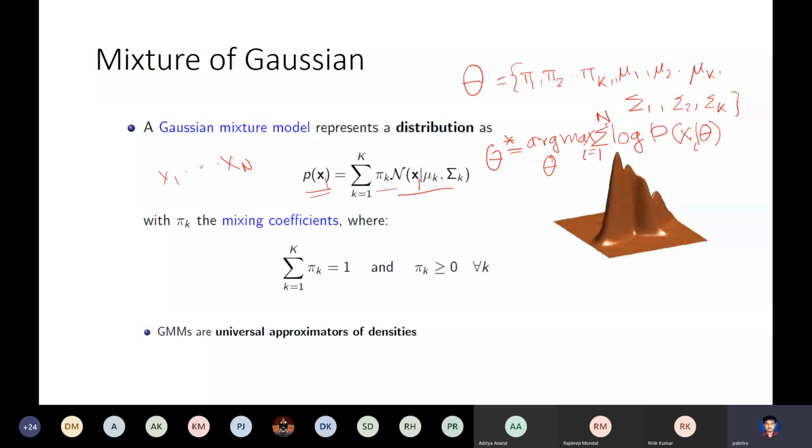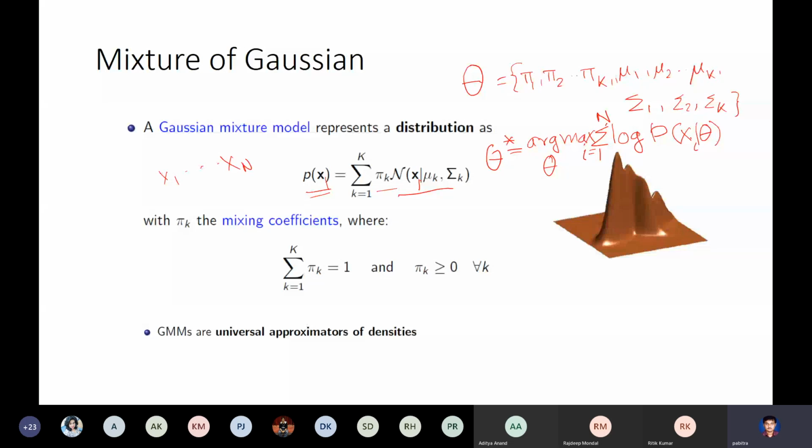So we want values of pi1 to pi k, mu1 to mu k, sigma 1 to sigma k, which give, for all the capital N training data, the highest value of this log likelihood. It's not an easy problem. It's a very complex optimization problem, and we will use a latent variable to obtain a quick solution. Maybe not the optimal solution, but a quick one.